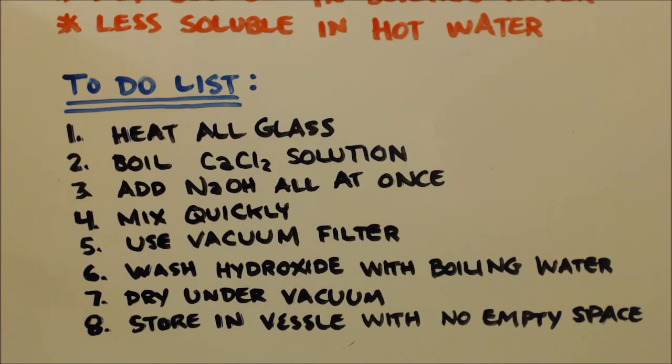Within 10 minutes, I could hear it starting to fizzle, like it's making CO2. So, you know what I mean? Within a half hour, 45 minutes, it's already starting to turn into carbonate, even though it's not even in water. It's just sitting there, you know what I mean? So it's that quick.